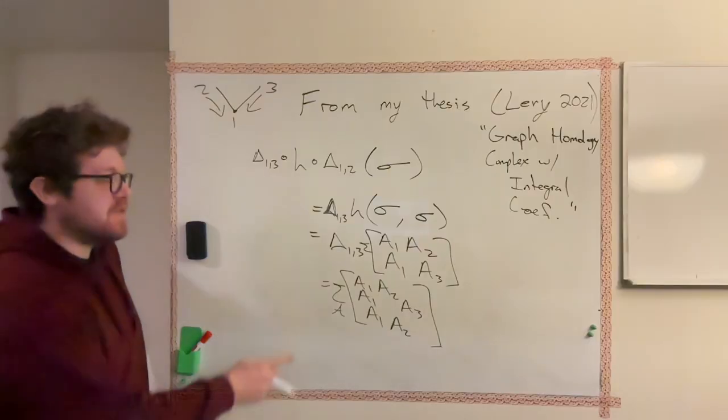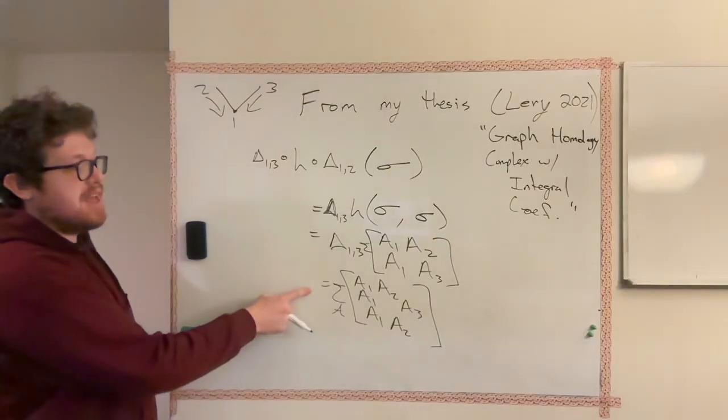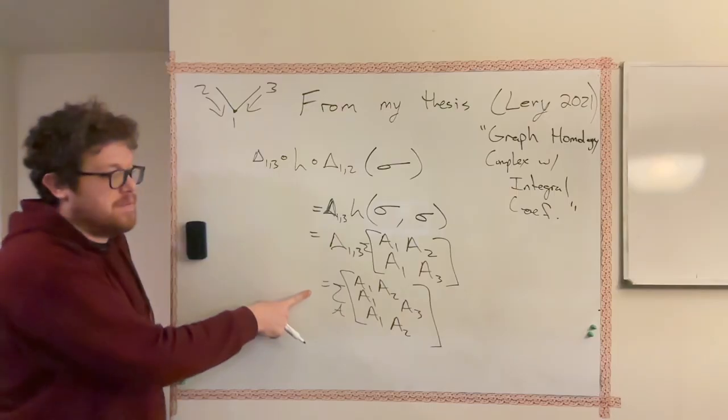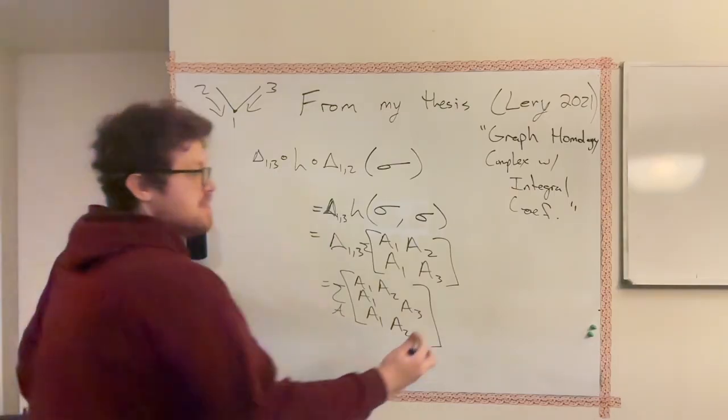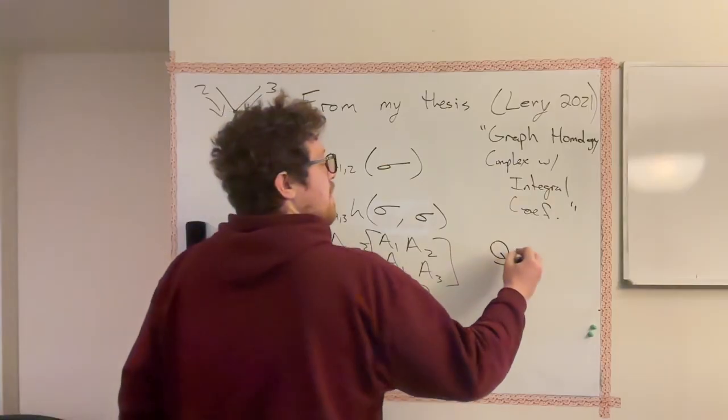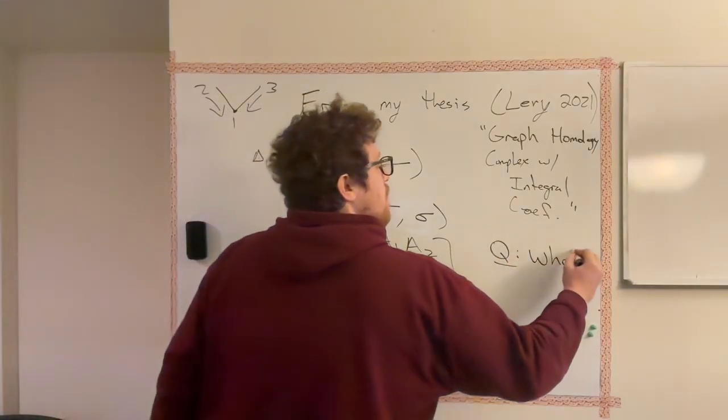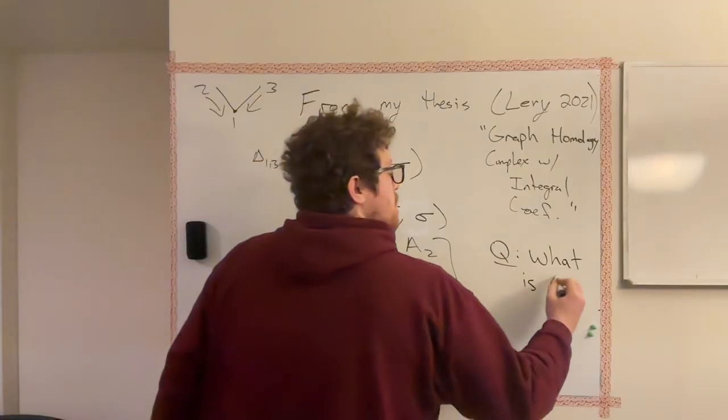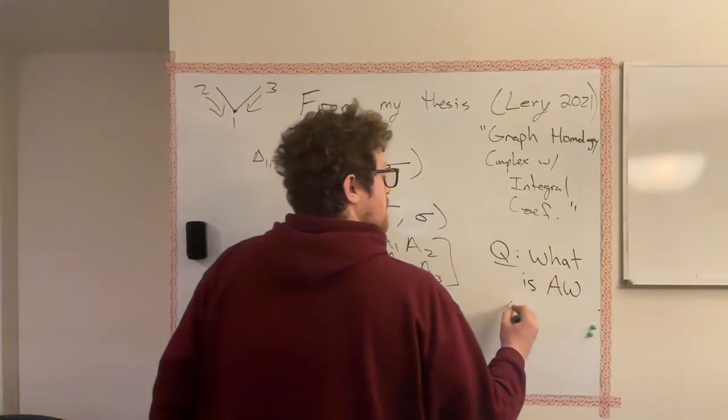Right, so the question is, what should the AW of this map be? That's the big question. That's the $1 million question. What is the AW of this map, of this A configuration?